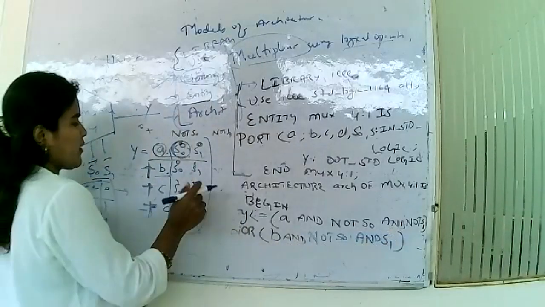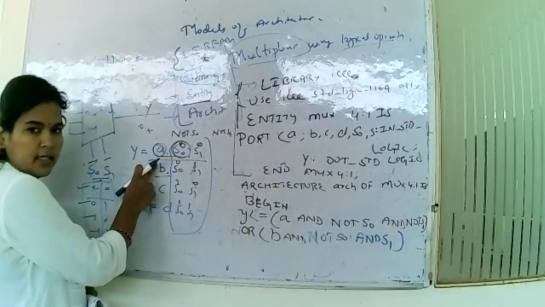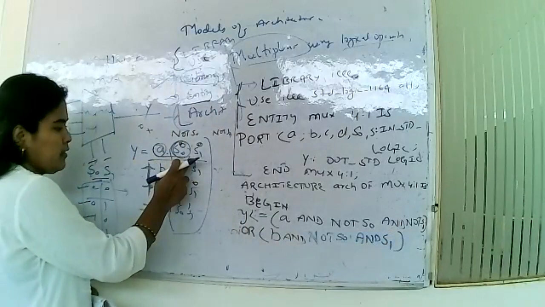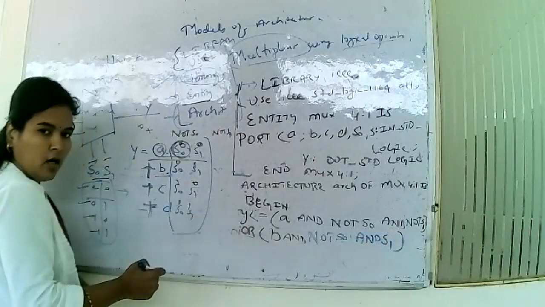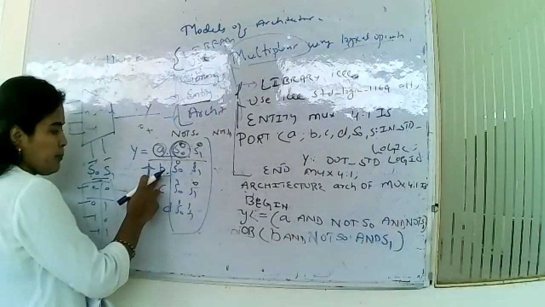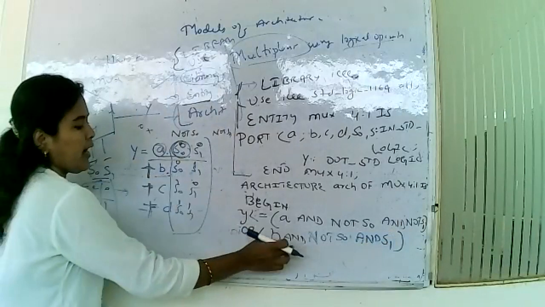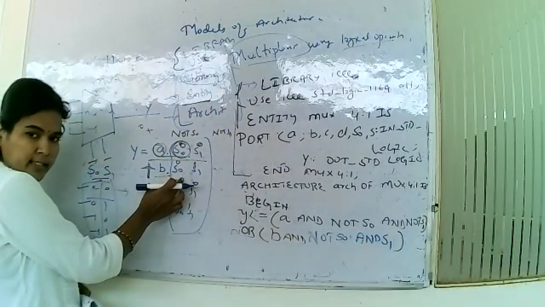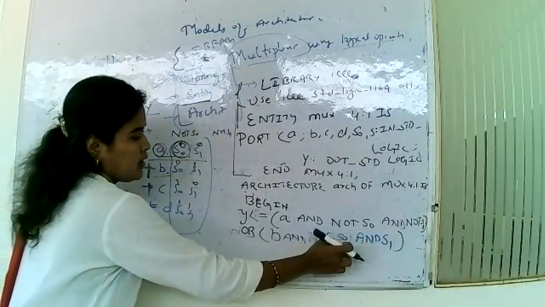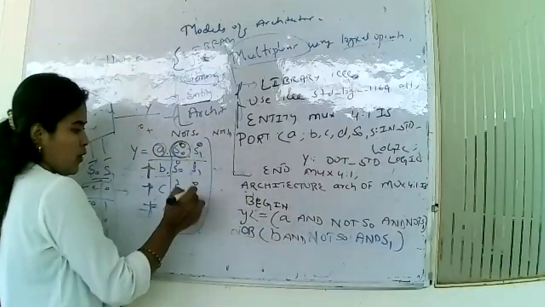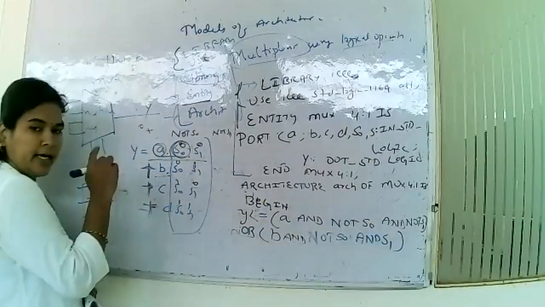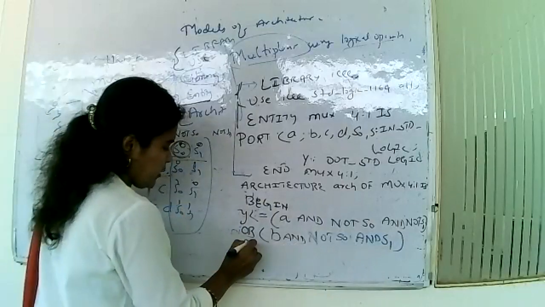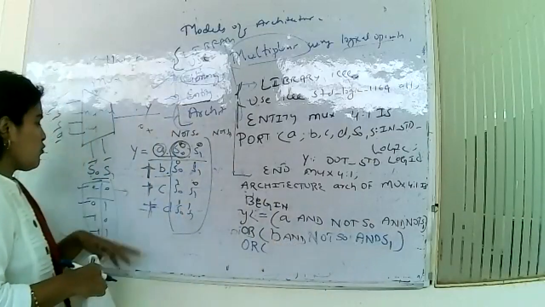Next, see what I did first. Here it is and, and next it is or. So I am writing here or. After or, B and not of S naught, and directly S1. Next again or.